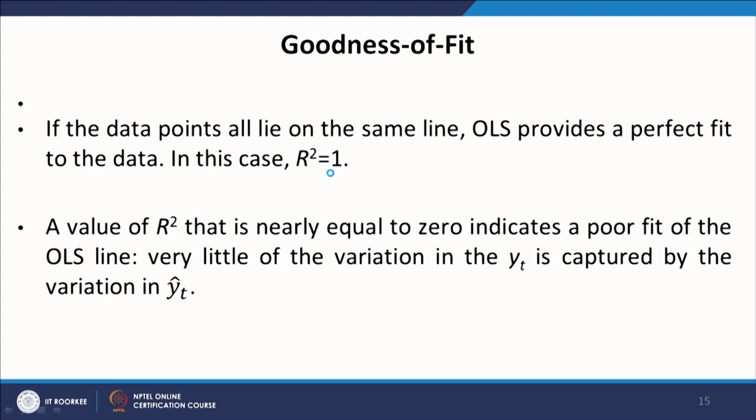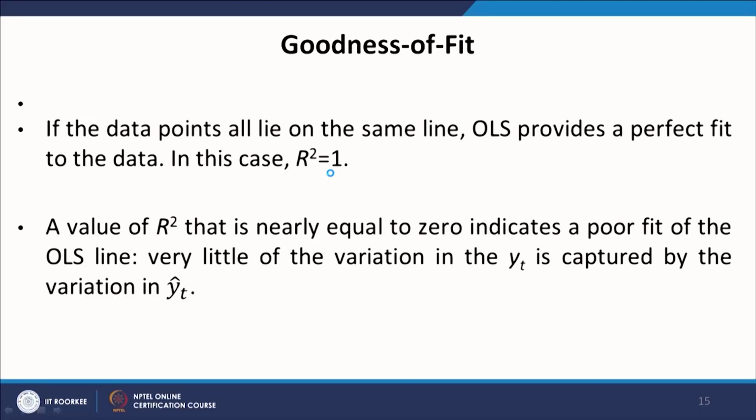If the data points all lie on the same line, OLS provides a perfect fit to the data. In this case, R square equals 1. If the line fit is perfect, that is, any deviation of y from its mean value is completely explained by the fitted line, so the sum of (y_t minus y bar) whole squared is equal to the sum of (y_t hat minus y bar) whole squared, then R square becomes 1.